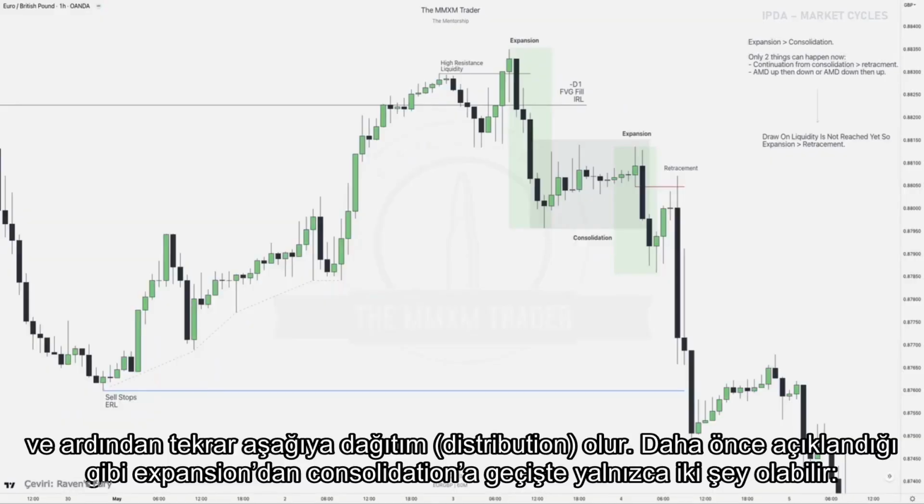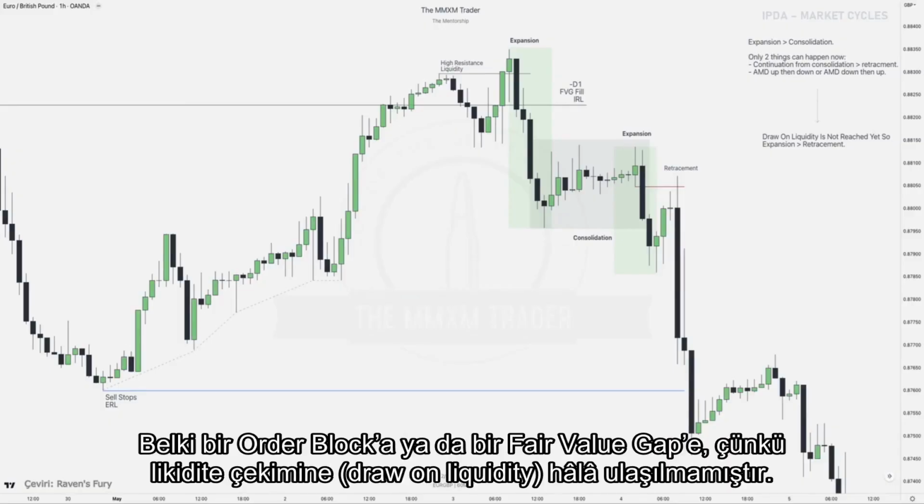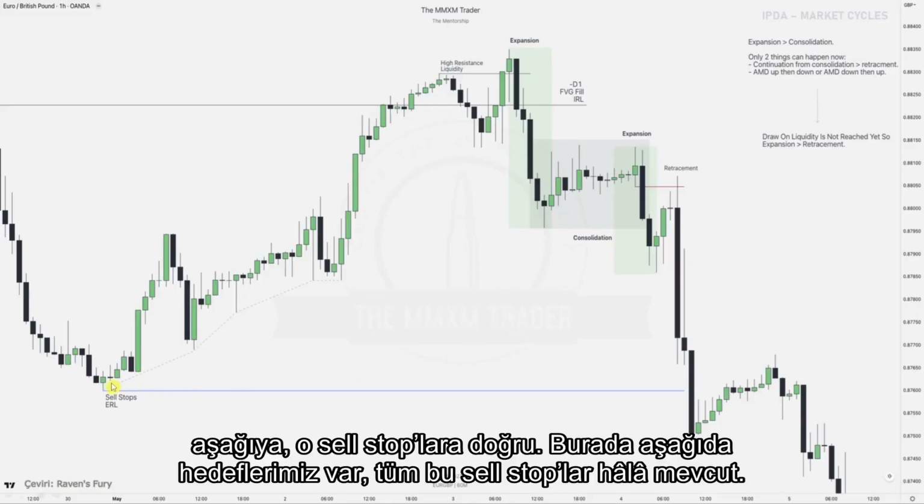So as explained earlier, expansion into consolidation, only two things can happen now: continuation from a consolidation into a retracement back into what? Maybe an order block or a fair value gap, as the draw on liquidity has not been reached yet, so it has to do an expansion into a retracement to continue down lower into those sell stops.